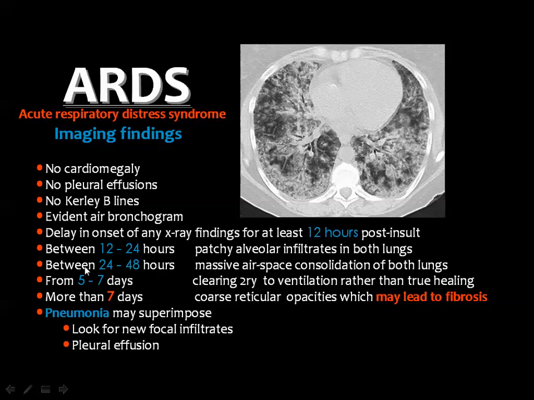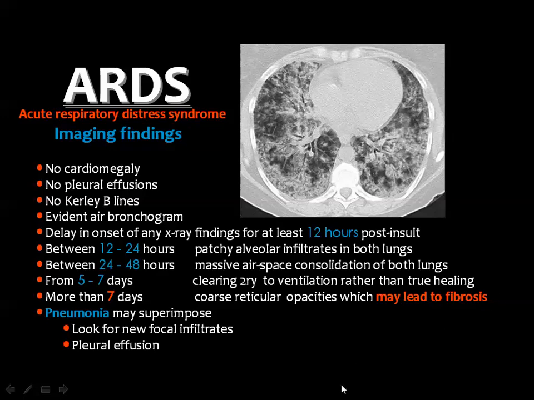Then between 12 and 24 hours, patchy alveolar infiltrates are seen. Up to 48 hours, massive airspace consolidation of both lungs. Within 5 to 7 days, there is some clearance of the opacities, which is attributed to ventilation rather than healing. And if the disease progresses, it will lead to pulmonary fibrosis.